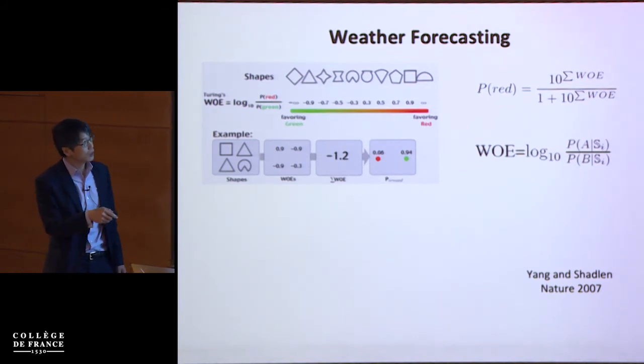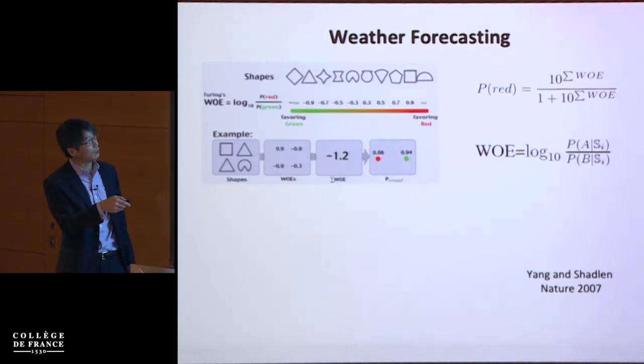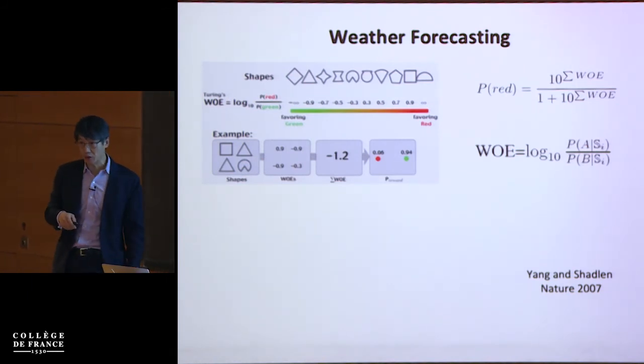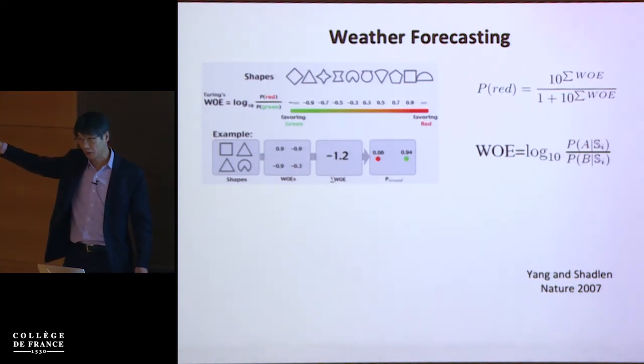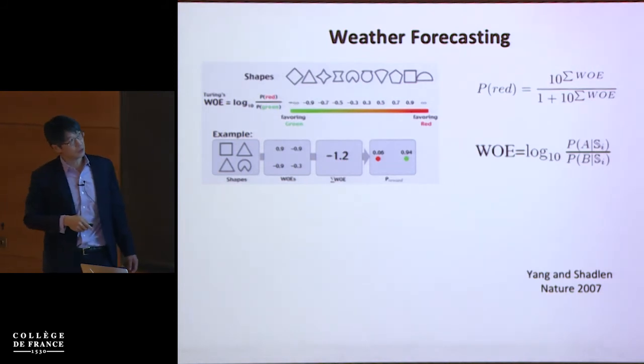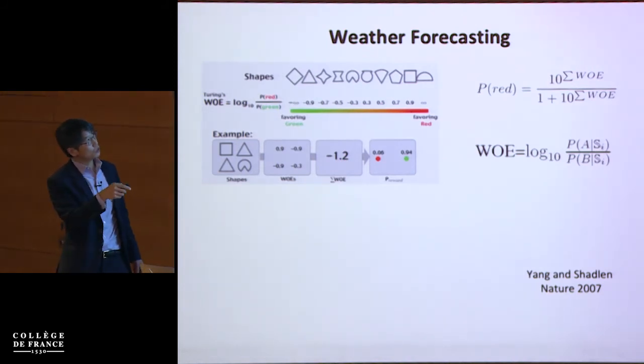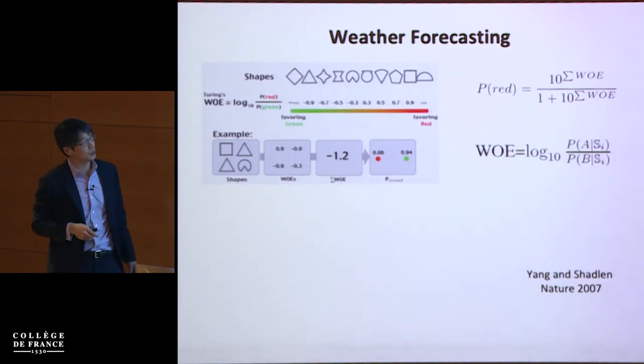So in this experiment, they have 10 different visual shapes. Each one is associated with a log likelihood odds that one of the two options, say rain meaning green here, no rain means red. And you're going to decide whether it's rain if you make a decision to green, or not rain if you make a decision to red. So each shape is associated with a log likelihood odds about these two possibilities.